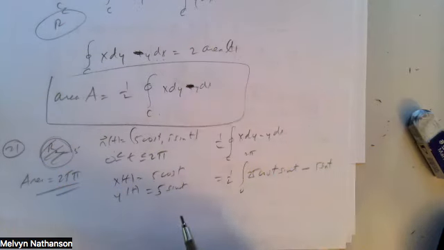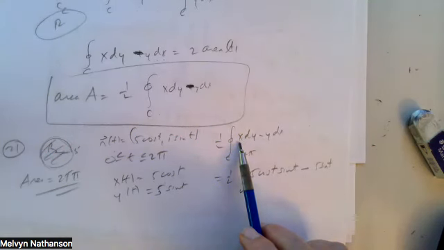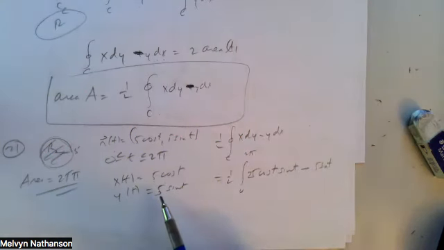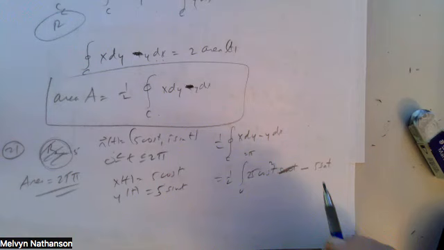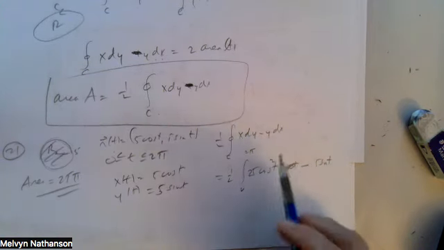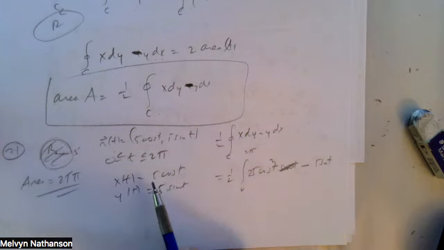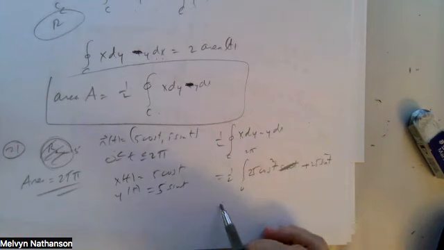Oops. Let's do that. Get this right. If x is 5 cosine t, and dy is 5 cosine t, makes this 25 cosine squared t, minus y, 5 sine t, times dx, which is minus 5 cosine t, makes this plus 25 sine squared.